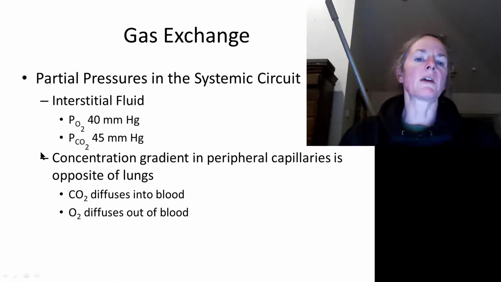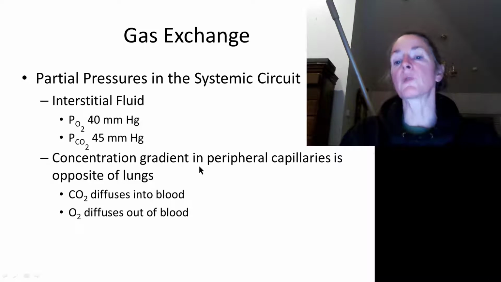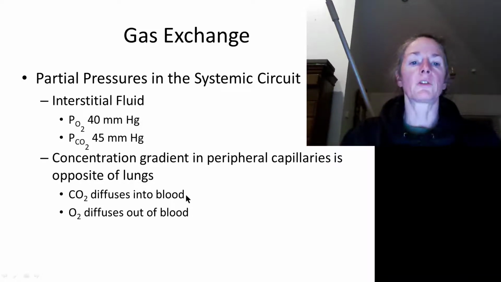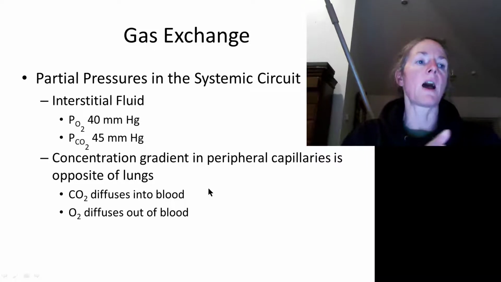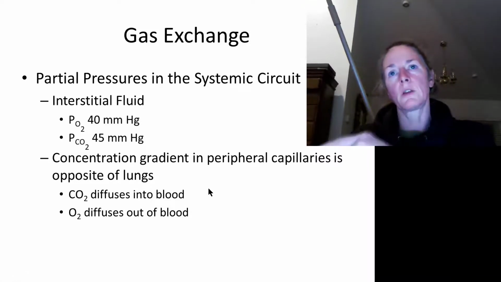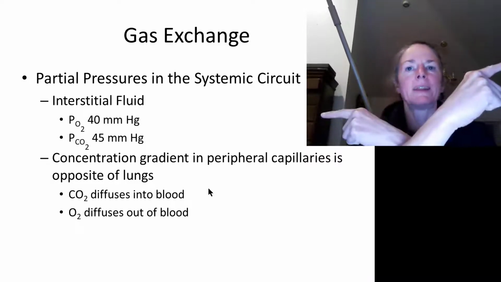But at any rate, we're going to have about 40 carbon dioxide in the oxygenated blood and 45 at the tissues. So the concentration gradient in the peripheral capillaries is going to be quite opposite from what we have in the lungs. In the lungs, we're going to have high oxygen, low carbon dioxide. So oxygen is going to go into the blood, and carbon dioxide from the blood is going to go into the alveoli.